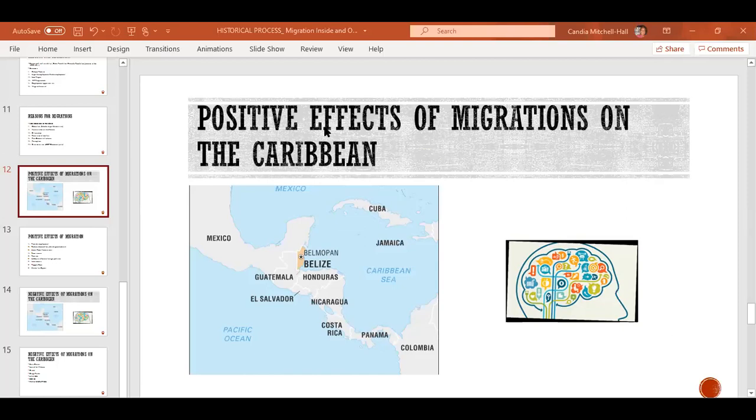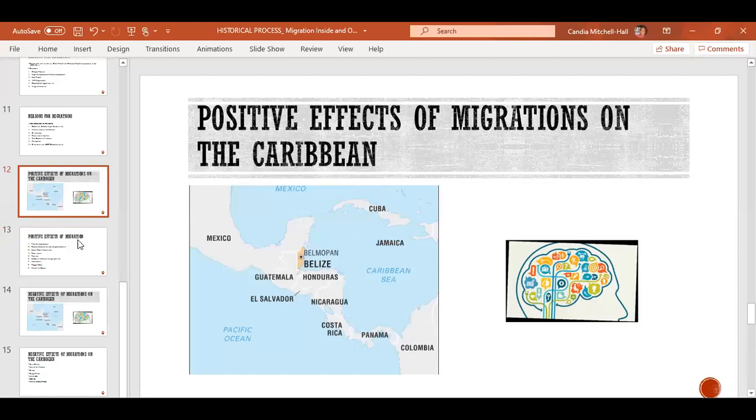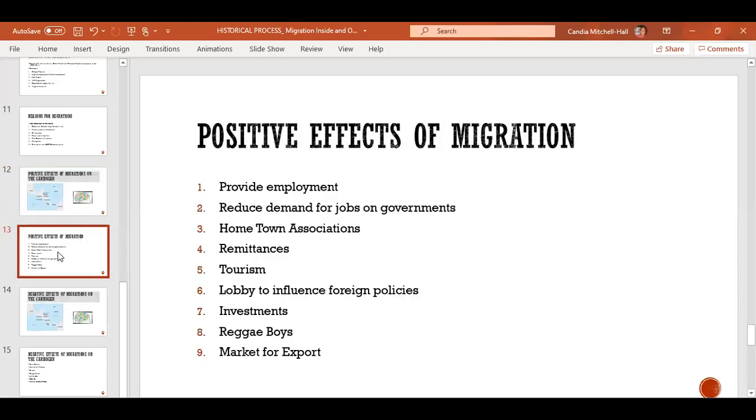So some other positive effects of migration on the Caribbean is that, one, it provides employment, shockingly. When people leave the Caribbean, for example, you're in a workplace with 30 people in your department.